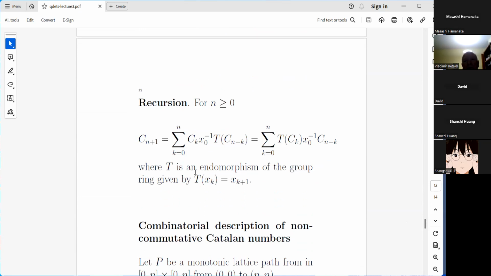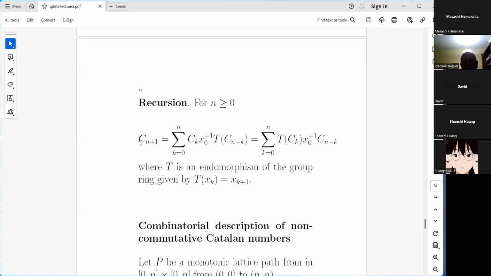First, I need an endomorphism of this group ring, and this is just a shift of the number. So t applied to xk is equal to x(k+1), and then you can extend it to all monomials using the morphism.